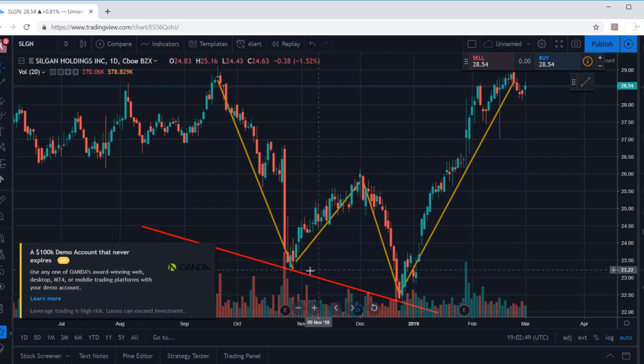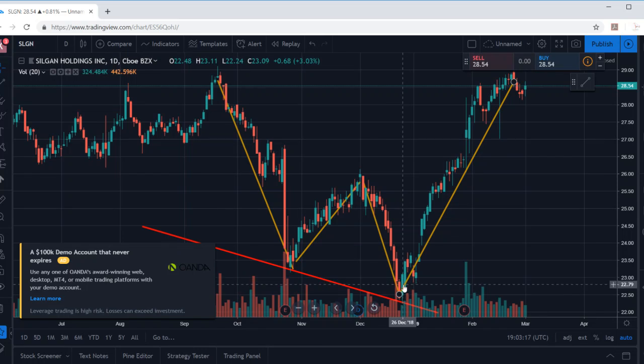So if you were watching this stock, you would be watching for a reversal. Look at the red candlesticks. All these candlesticks were red. So you were waiting for it to start producing a green candlestick at the support. Once you see this green candlestick, you want to wait for a confirmation.